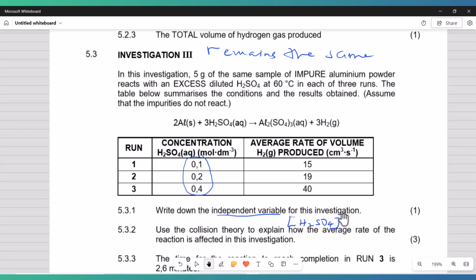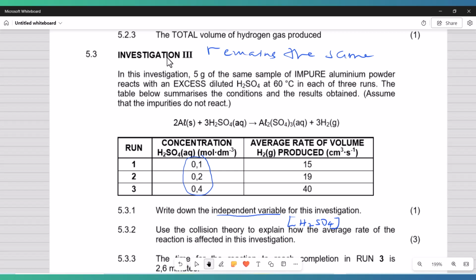Okay, next question here. Use the collision theory to explain how the average rate of the reaction is affected in this investigation. Now, if you check what happens here, guys, at 0.1 the rate is 15, at 0.2 the rate is 19, at 0.4 the rate is 40. So what do we notice? We notice an increase, right?